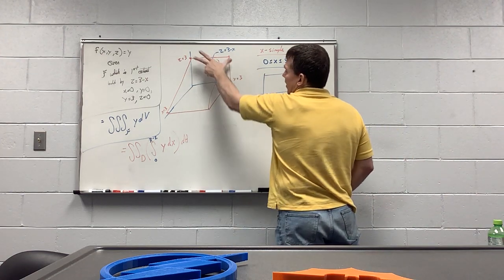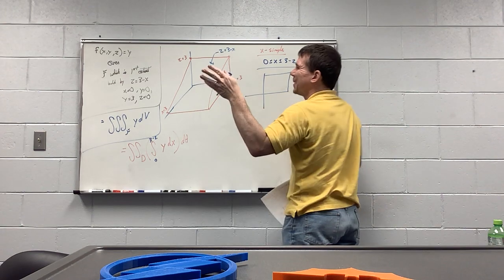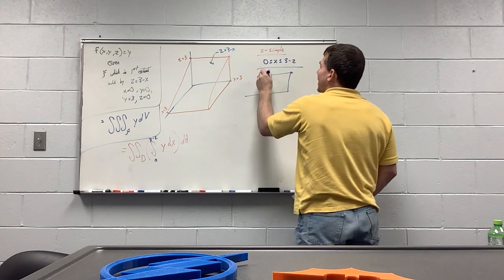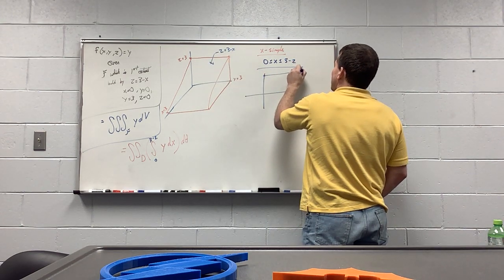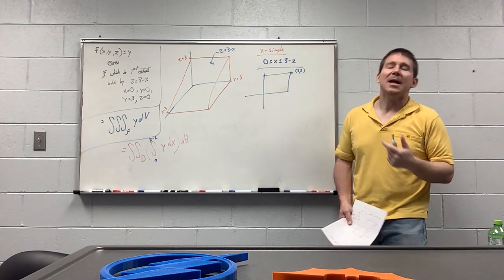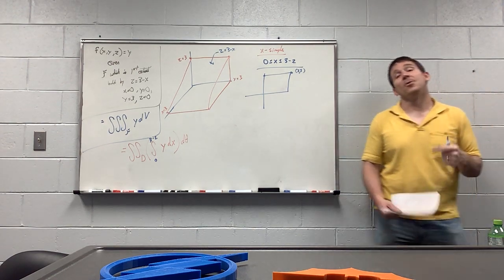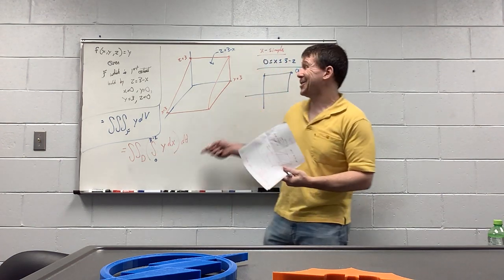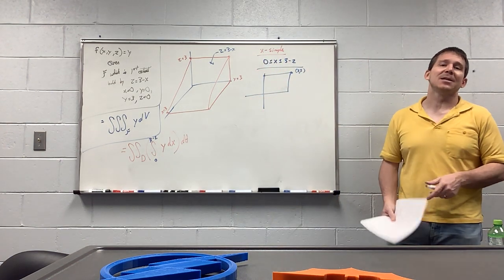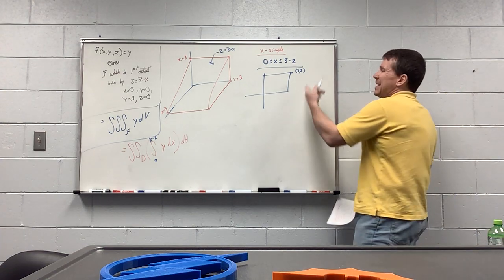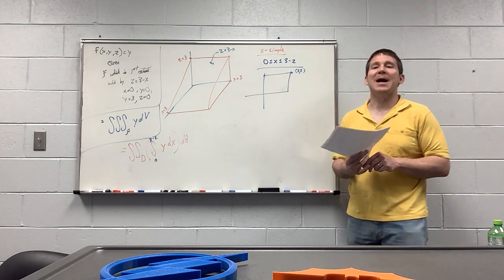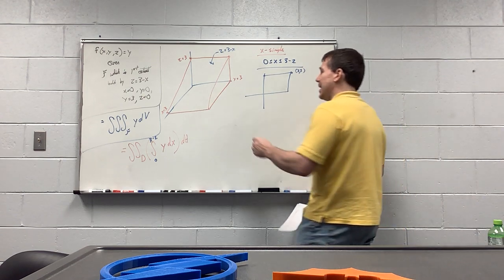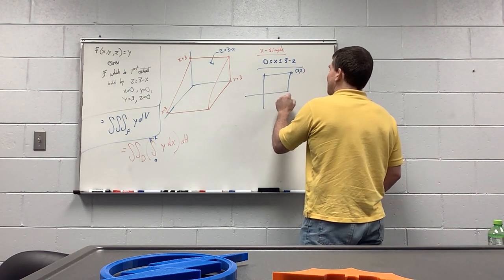This wall right here, I've eliminated this direction coming out, so I can flatten that way. This is the point 3, 3, and I get the rectangle. And again, this is what I had said before. We use this notation because I don't know what this region is. As it turns out, the region ends up being rectangular. So my limits are really easy. 0 to 3 for y and z.